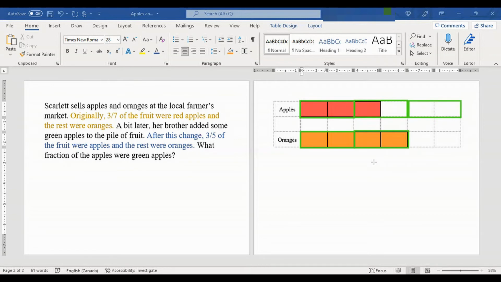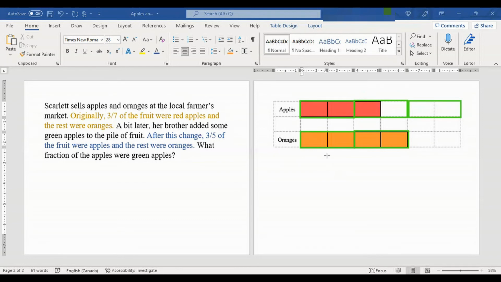Here's the thing, for apples to take up 3/5, we need to add a number of apples, because right now our apples don't take up 3/5, only 1/5 and another cell. So how do we get the apples to take up 3/5? Well, the remaining amount have to be the green apples, because we don't know how many there are, but we know that the red apples plus the green apples have to be 3/5.